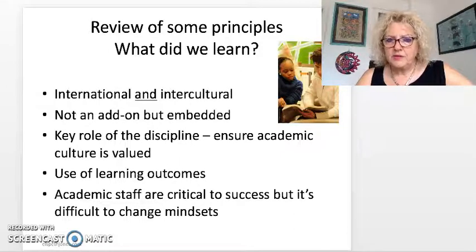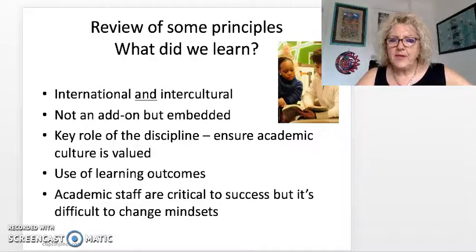It's also important that the academics teaching in those disciplines understand that internationalization can be different for them from other subjects, and that they realize that their academic culture in that subject is valued when we're talking about internationalization of the curriculum or internationalization at home. So the discipline is the starting point for all of this.